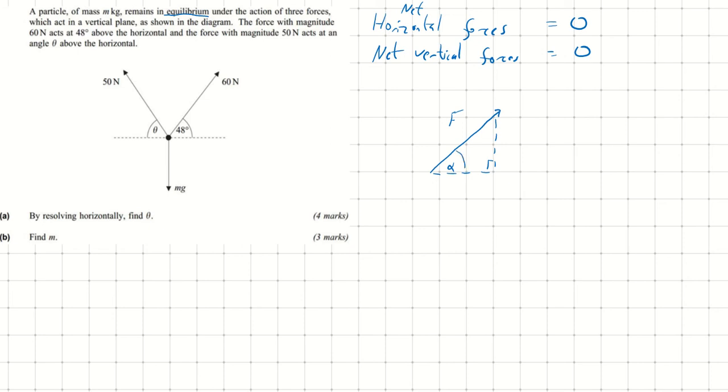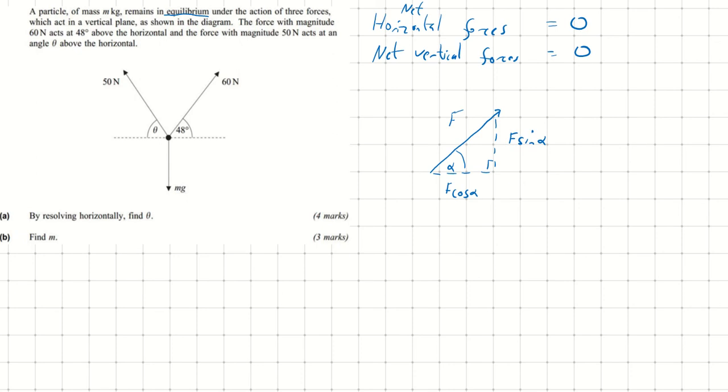And this all comes from trigonometry. I'm not going to go through the actual derivation of this, but the point is that the vertical component in this case is F sine alpha, and the horizontal component is F cos alpha. So the component that's opposite the alpha gives F sine alpha, the component that's adjacent to the alpha gives F cos alpha.